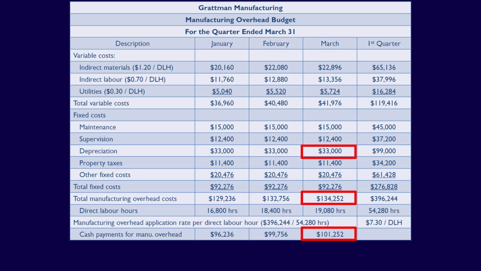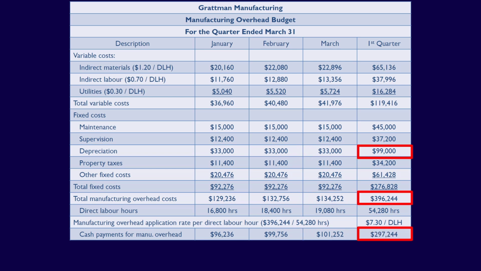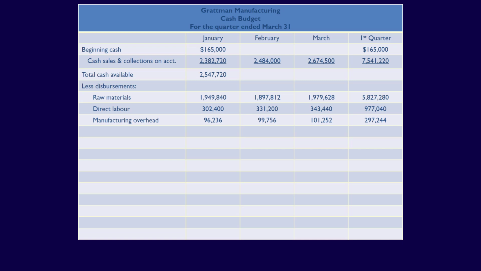For March, $134,252 minus $33,000 of depreciation is equal to $101,252. And for the quarter, $396,244 minus $99,000 of depreciation is equal to $297,244.